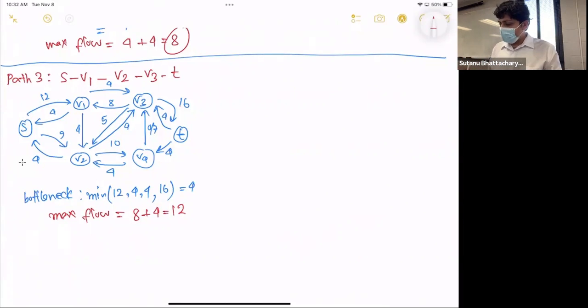So this is max flow, 12, and the bottleneck for this path is 4. Which path have we chosen? S to V1, then V1 to V2, then V2 to V3, then V3 to T. Throughout that process, the flow is 4.